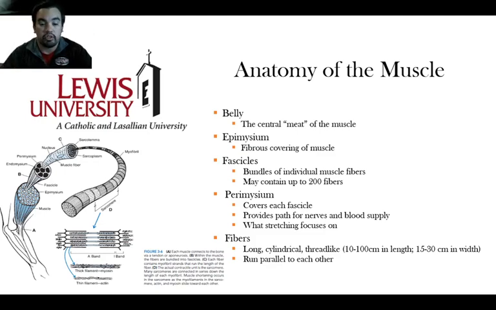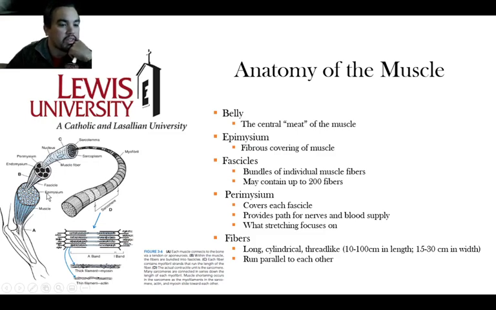Okay, so your fibers are the most basic part down there, and those are the long cylindrical thread-like tissues that run parallel to each other. Typically, those are measured in meters, and that runs from 10 to 100 centimeters in length and 15 to 30 centimeters in width.